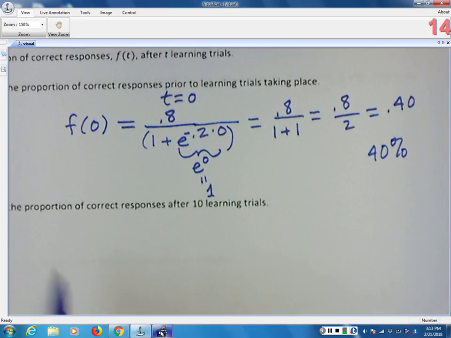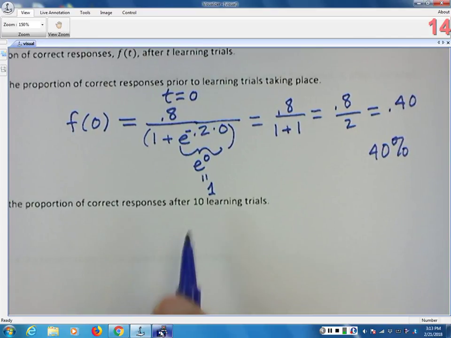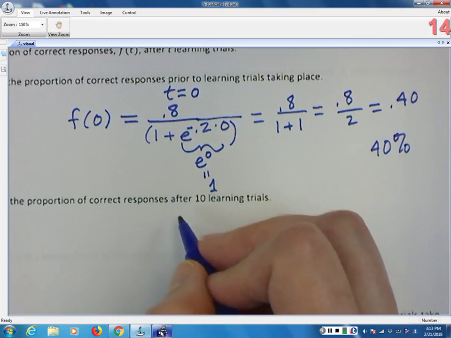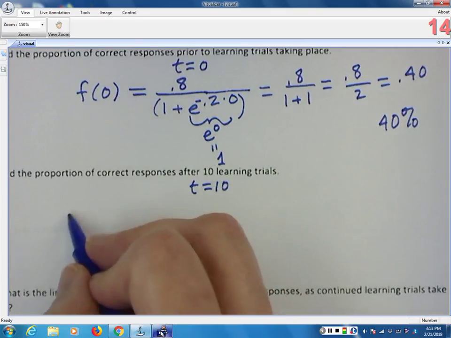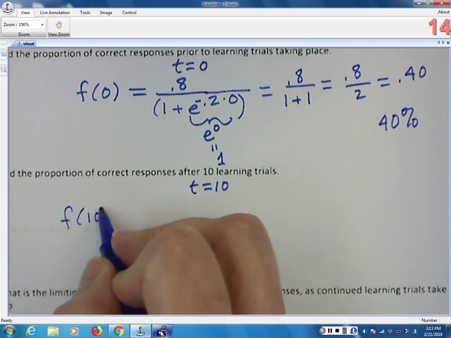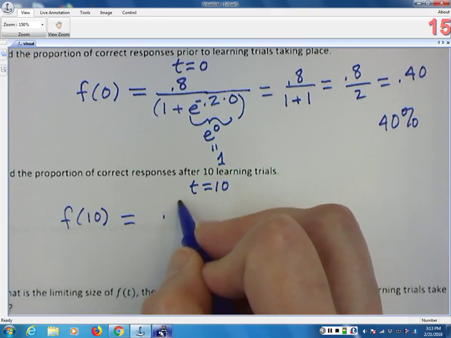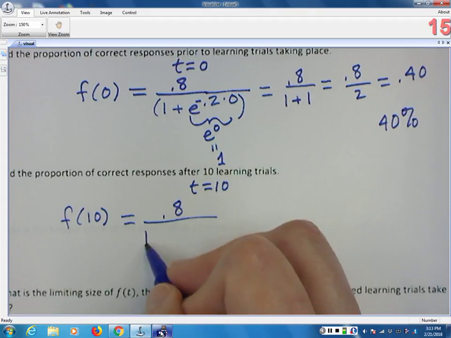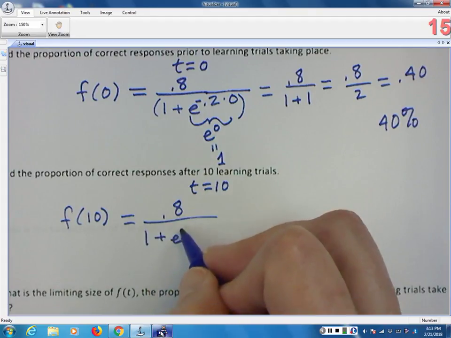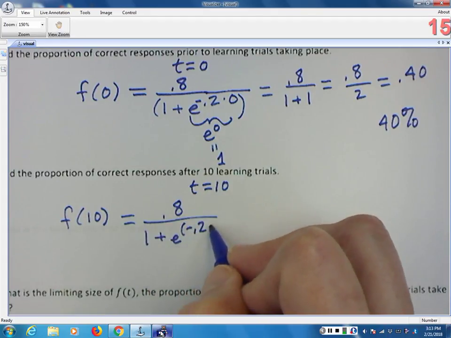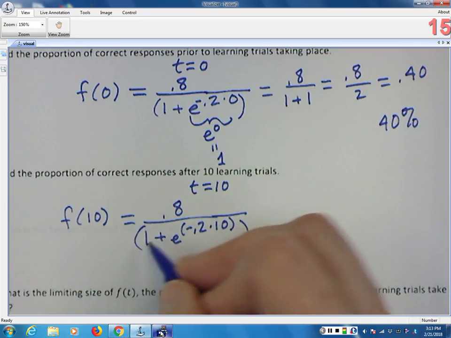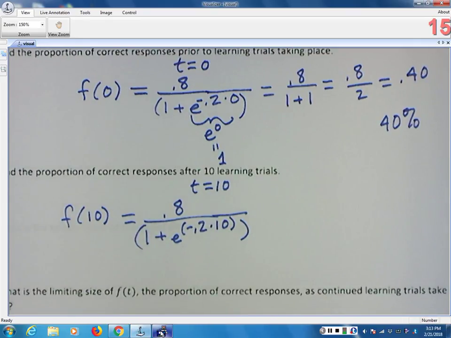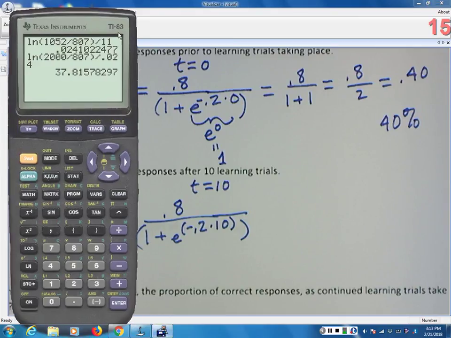Okay, find the proportion of the correct responses after 10 learning trials. They just want t equals 10. Can you put this in the calculator correctly? 1 plus e to the negative 0.2 times 10. And you do need parentheses around there. If you leave parentheses off, you can get the wrong answer.